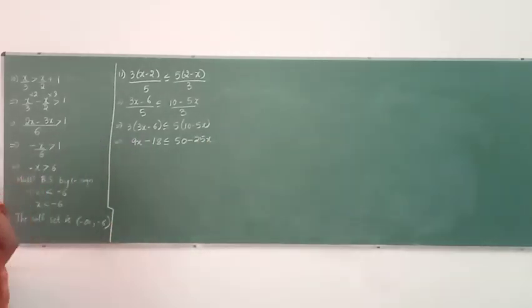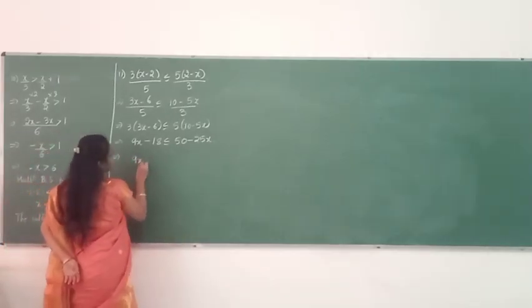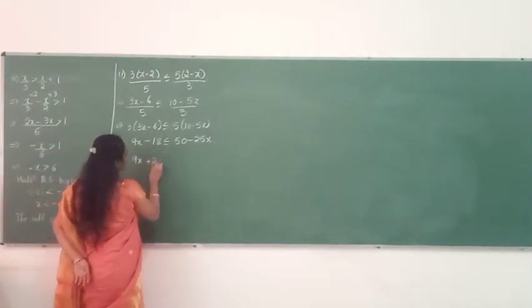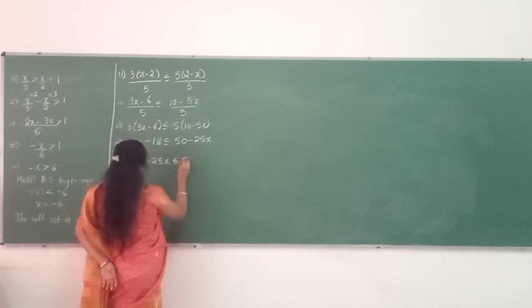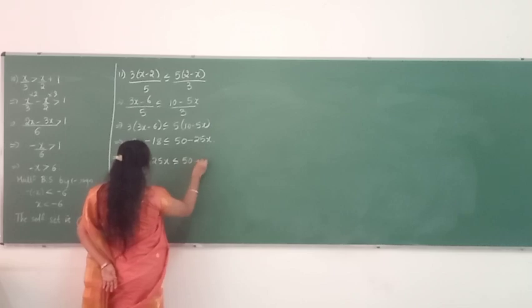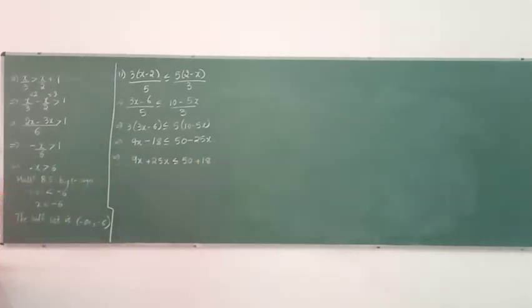Now taking variables to one side, 9x plus 25x is less than or equal to 50 plus 18.